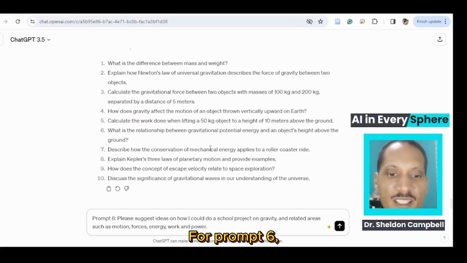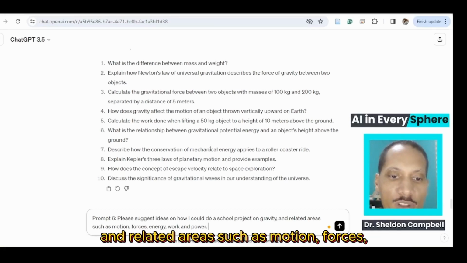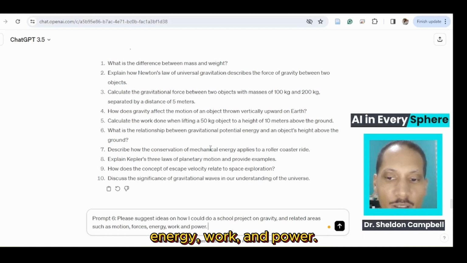Alright, for prompt 6, we could say, please suggest ideas on how I could do a school project on gravity and related areas such as motion, forces, energy, work, and power. So let's see what it has here.